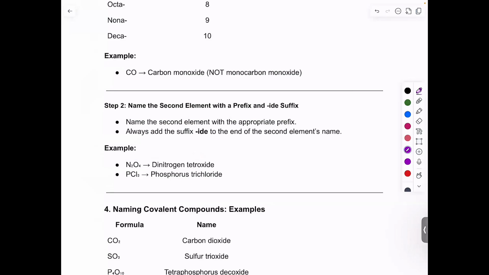Below here, we have phosphorus trichloride. Notice we don't say monophosphorus, we just say phosphorus, and then we put that tri in front of the chloride to say trichloride. Another common compound we'll look at is PCl5.